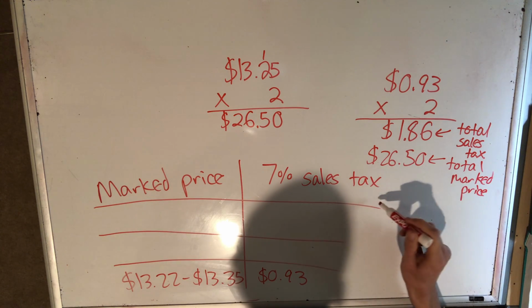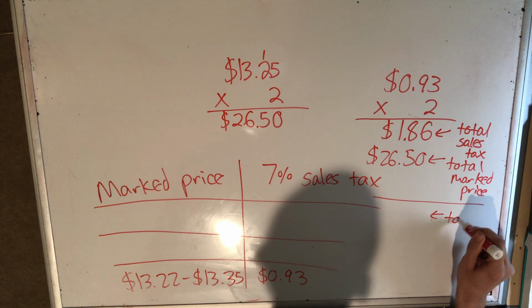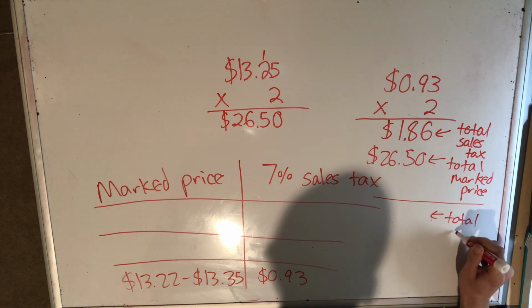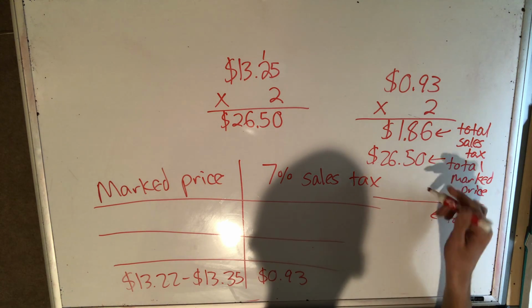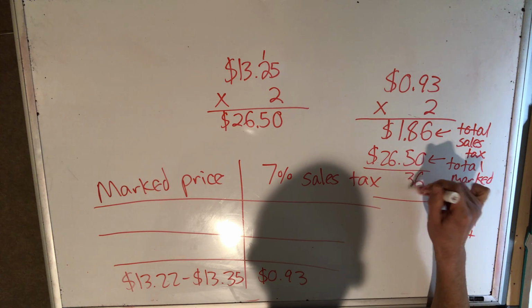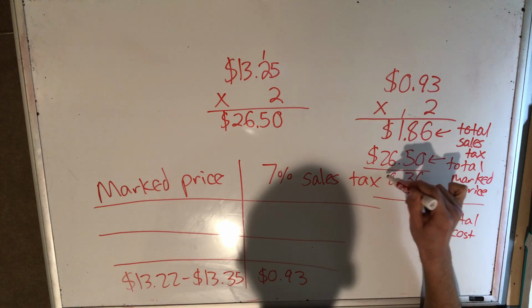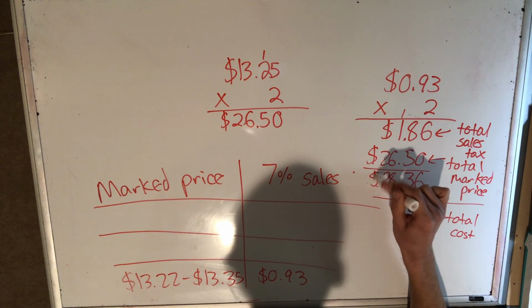And then the total cost, the total amount that must be paid, is the total sales tax plus the total marked price. And that is 6, 13, carry the 1, $28.36.